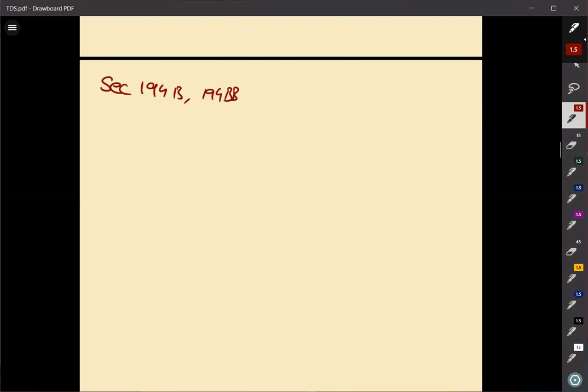Right. So now comes section 194B and 194BB. What is section 194B and what is 194BB?